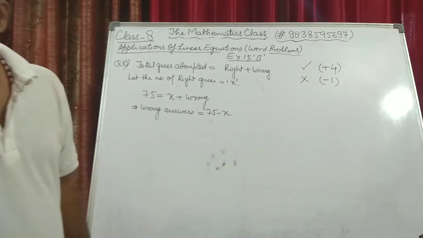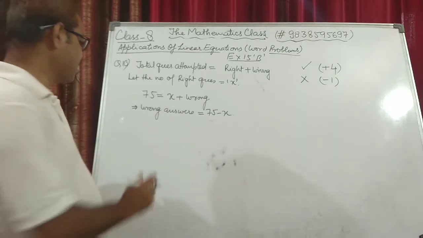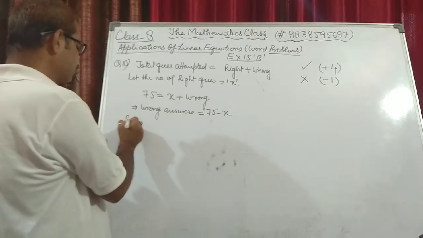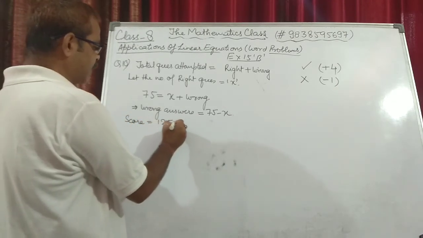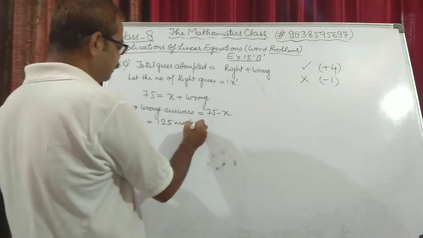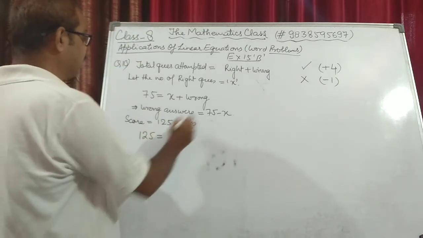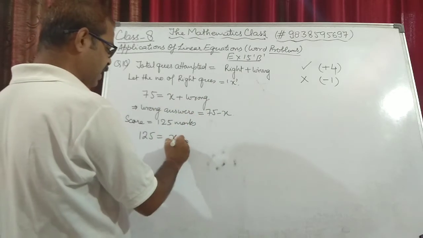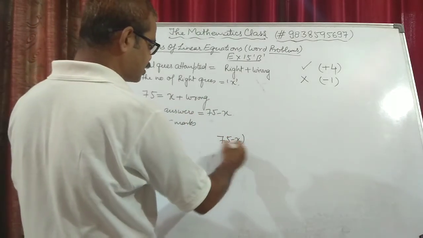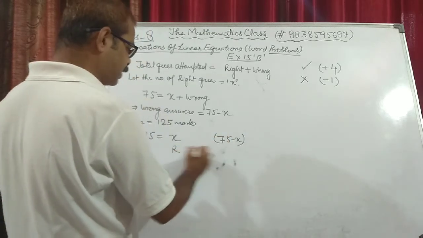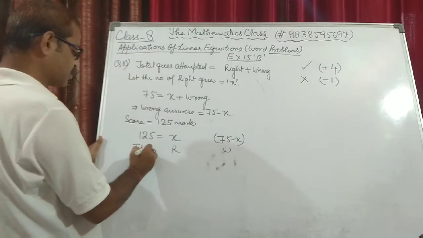Then they say he secures 125 marks. The score of the child is 125 marks. It means out of this 125 marks, he attempted x questions right and 75 minus x questions wrong. This is for right questions, this is for wrong questions, and this is the total marks.